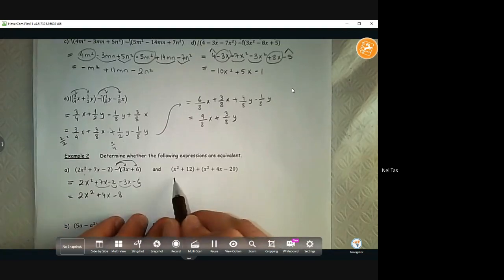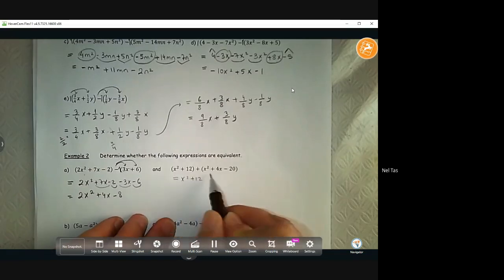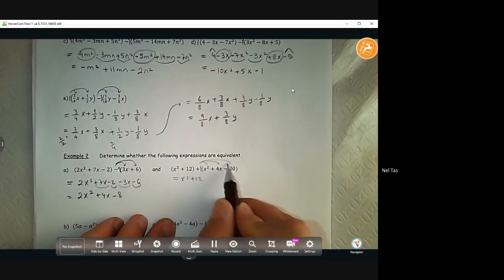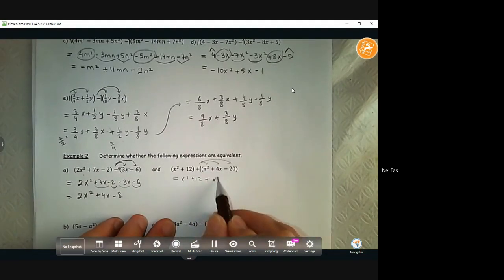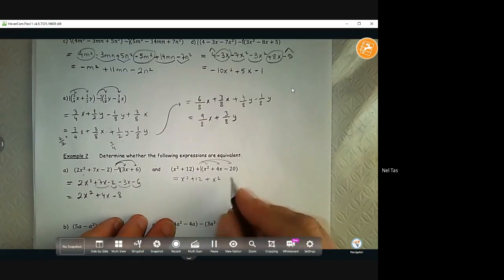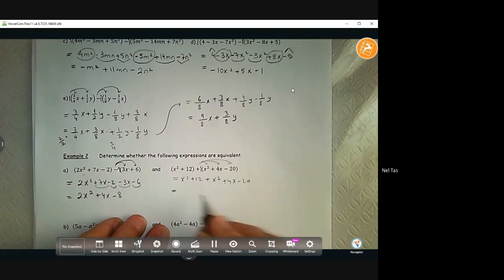Okay, let's simplify the second expression. So we have x squared plus 12, and because there's a plus sign, it means there's plus 1 here. If you distribute it, nothing will be changed here. So x squared plus 4x minus 20. Collect like terms. x squared plus x squared gives you 2x squared.